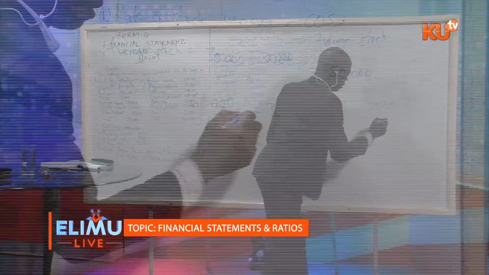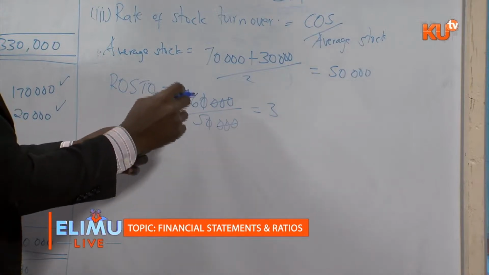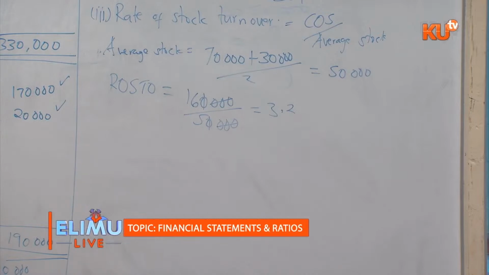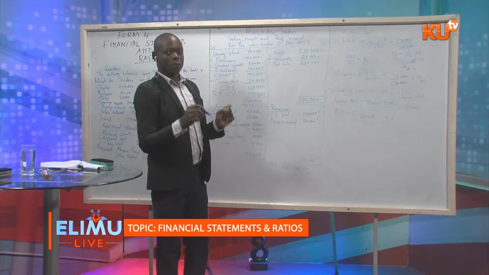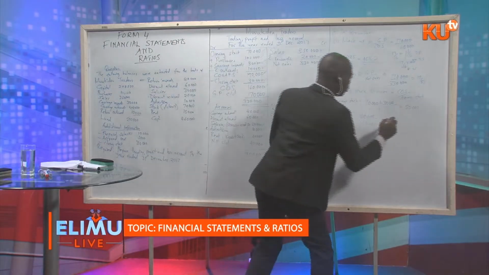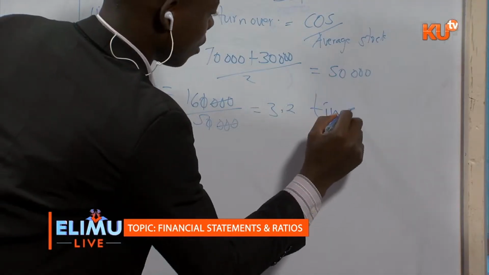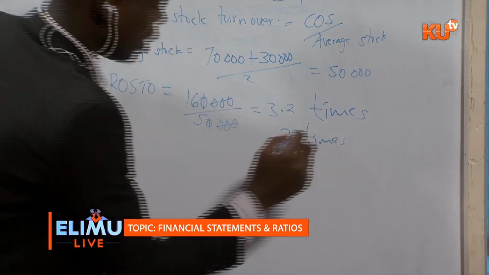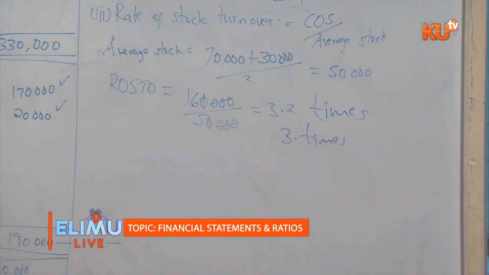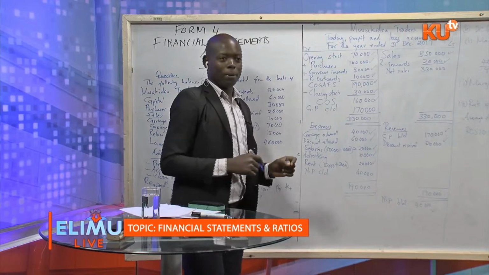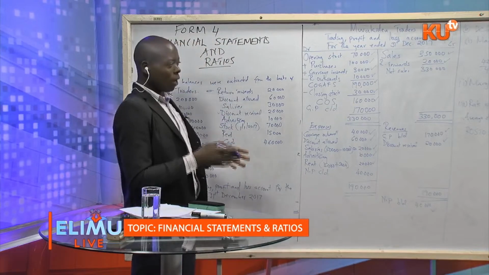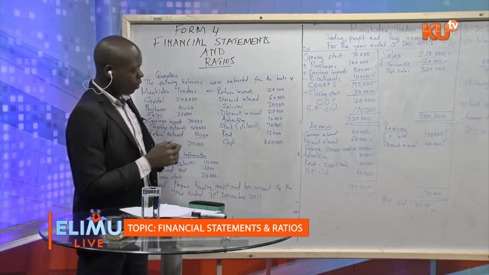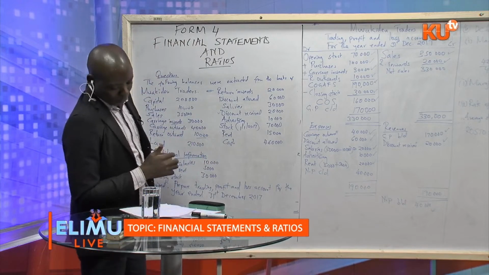So that gives 3.2. Now the figure for rate of stock turnover is given in terms of times. So we say 3.2 times, or simply round off to 3 times, meaning that the stock was exchanged 3 times within that period. We've exchanged our stock 3 times within 1 year. That is now what we call the rate of stock turnover.